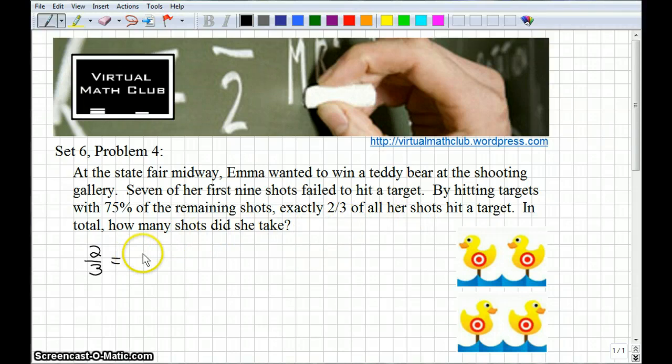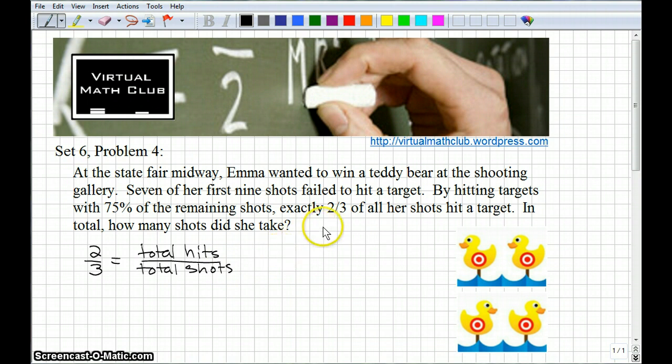So if two-thirds is equal to the total hits, the total number of the shots that hit targets, all over the total number of shots she took.